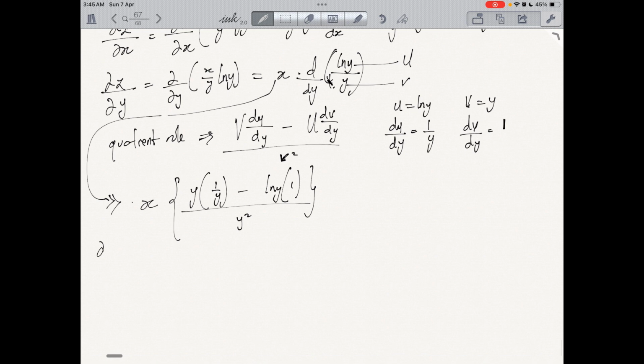Therefore, our ∂z/∂y is equal to x, and simplifying further, we are left with x times (1 minus ln y) divided by y squared. This can be written as x over y squared into (1 minus ln y).